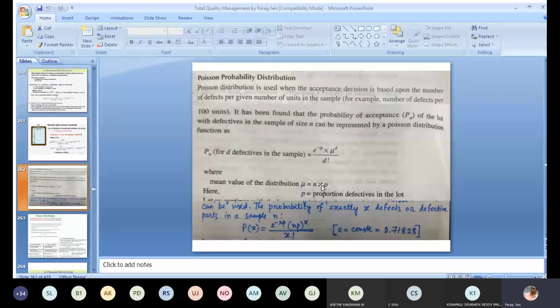So mu is equal to n into p. Here n is 100, and p means the proportion defectives in the lot, suppose 0.01. And suppose your acceptance number is 5, so you put 5 here, and you will find the value of the probability of acceptance, that means the y-axis value.